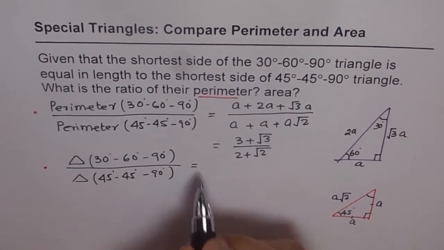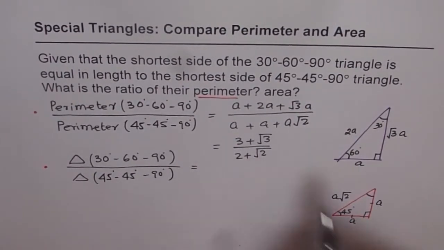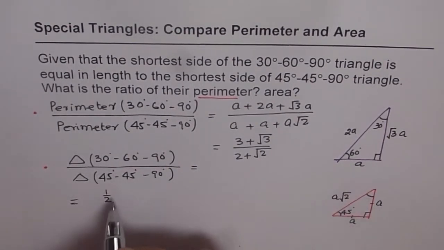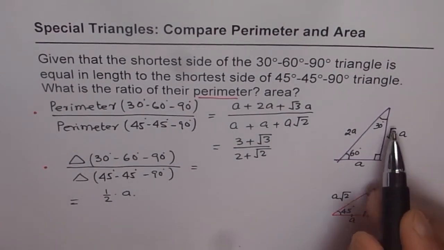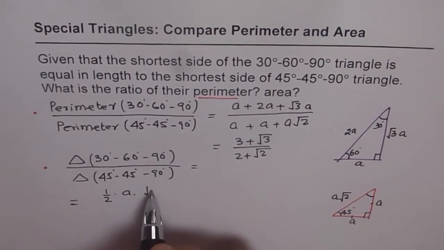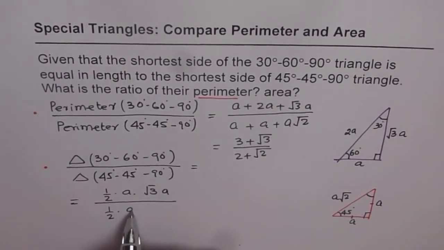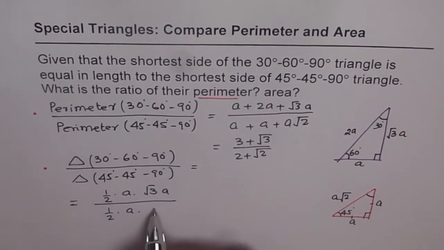Area you know is half base times height, correct? So the half base is the same for both, A, and the height for the 30, 60, 90 is square root 3 times A, and for the 45 degree triangle the half base is A, which is the same, and the height is also A, right?